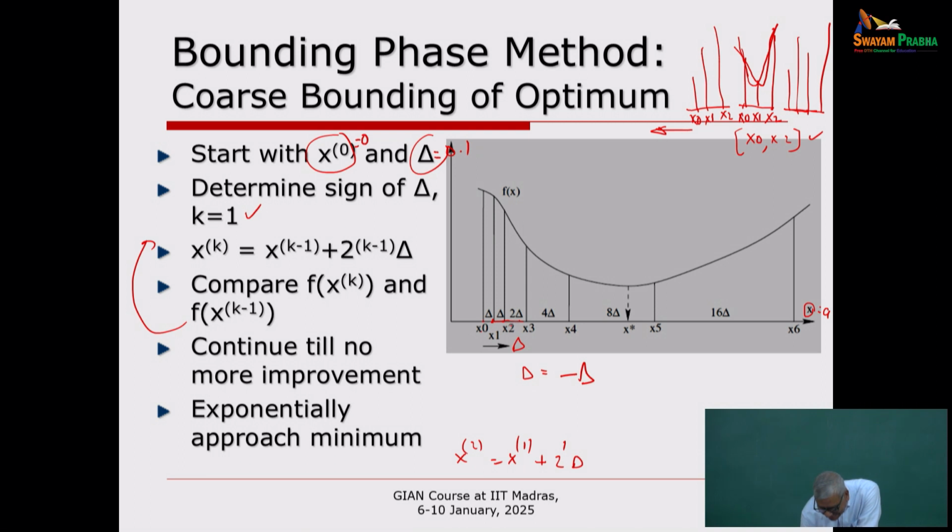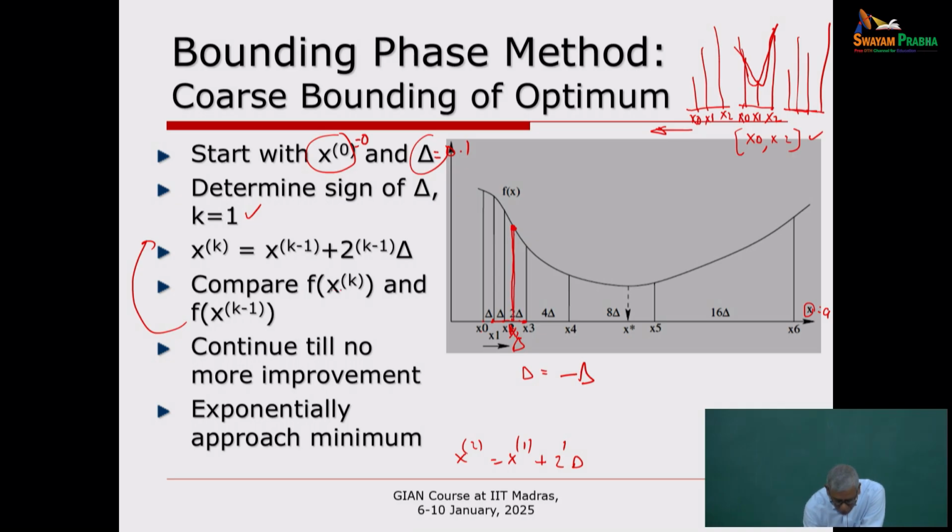But let us say this is my x1 and I move 2 times delta and I come here. So I should have gone x1 plus 2 delta. Let's put it the correct way. So this is my x2 now.